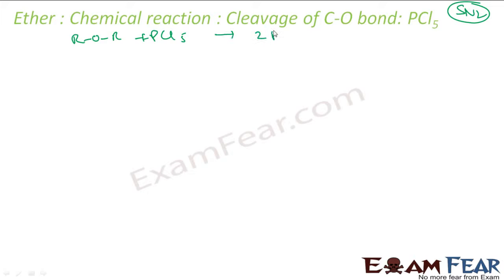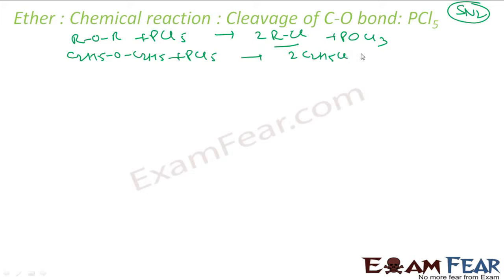What you get is 2 RCl and some POCl3. For example, if you have C2H5OC2H5, then you react with PCl5. What you get is 2 C2H5Cl and POCl3.